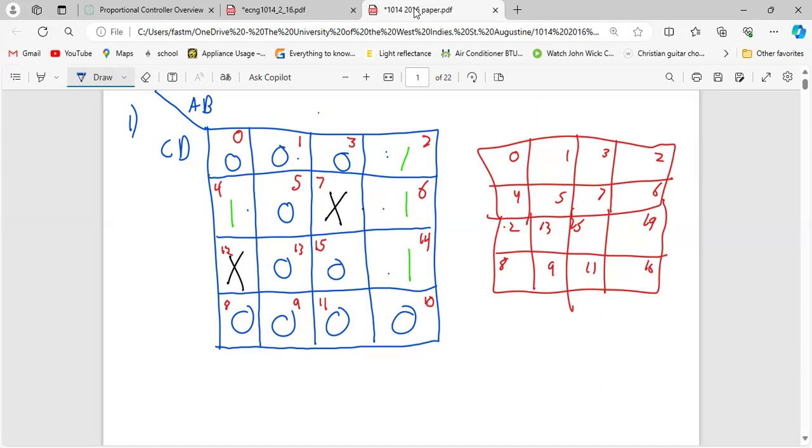If you say find the minimum SOP, he's just asking you to find the prime implicants, which is just circling the ones with the boxes. If you say find the essential prime implicants, you're basically asking, given the amount of boxes you have there, what is the minimum amount of boxes you need to cover all the ones? See, it's the same pattern over and over.